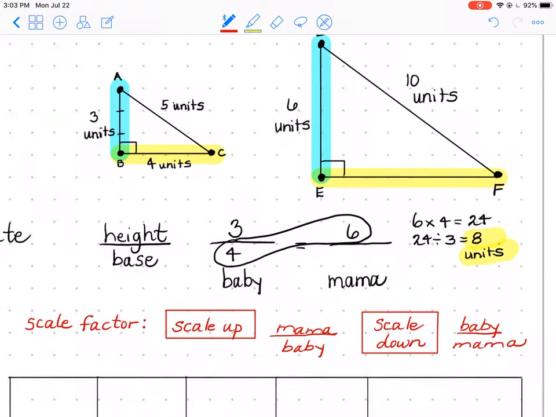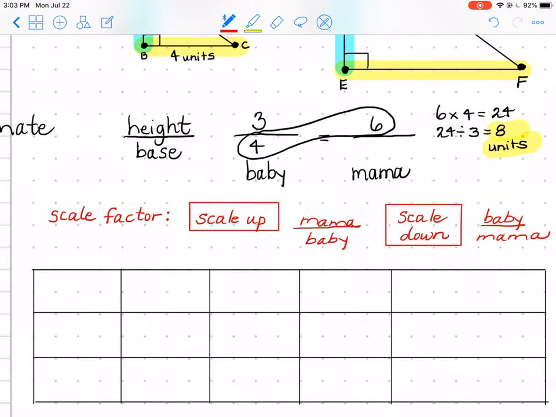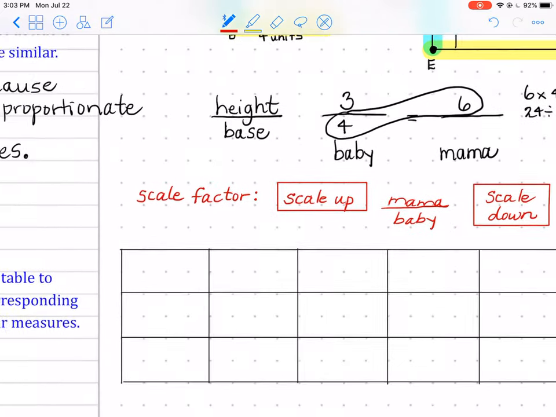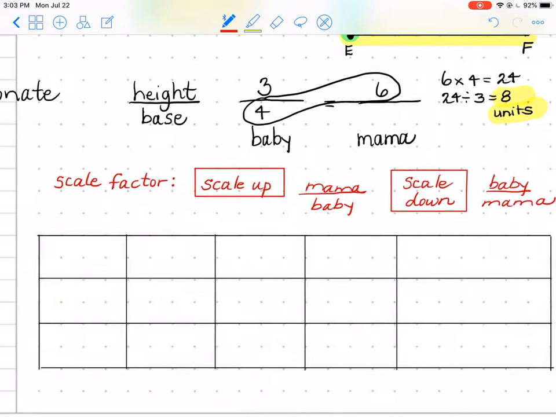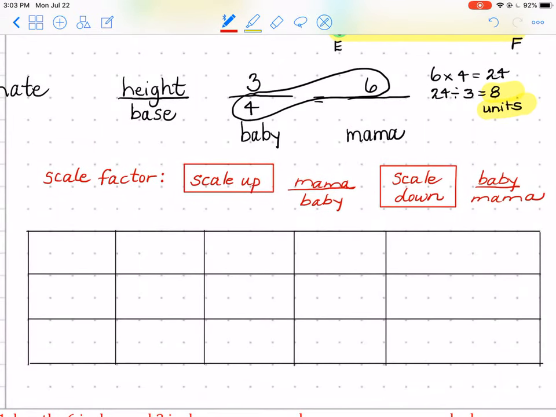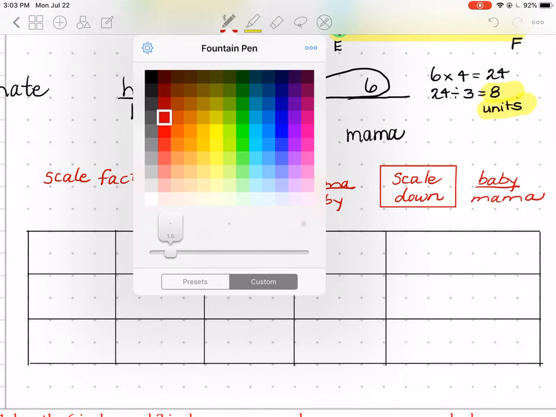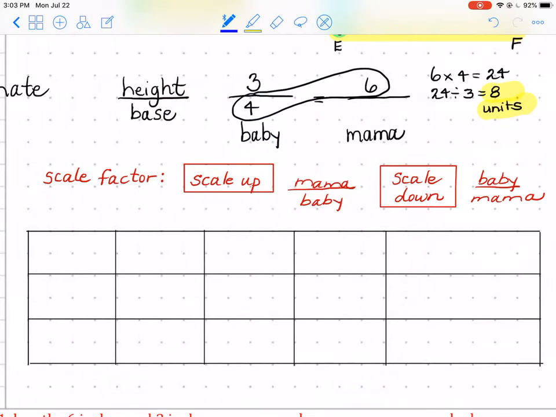So let's see how this works. In this table, the directions say to complete the table to match the corresponding sides and their measures. So for this table, let's label, and I'm going to change colors again.